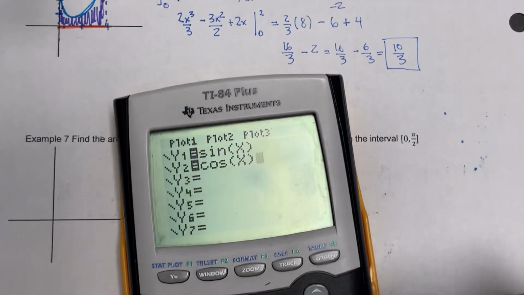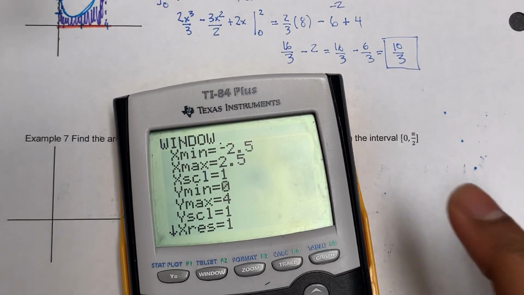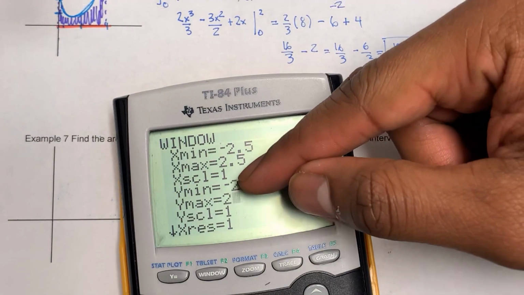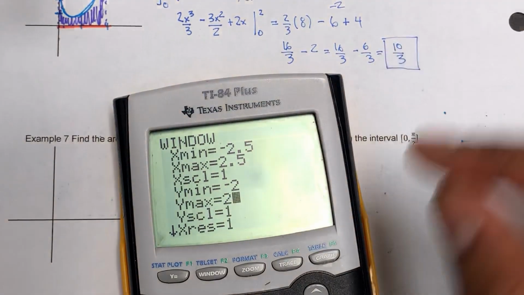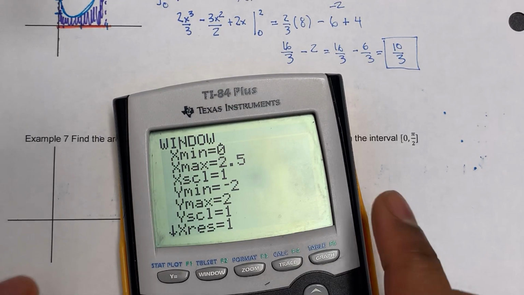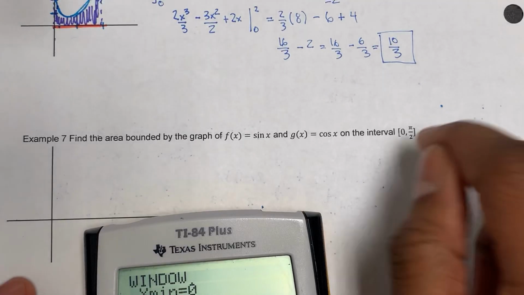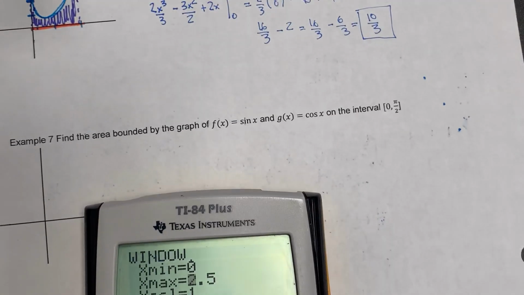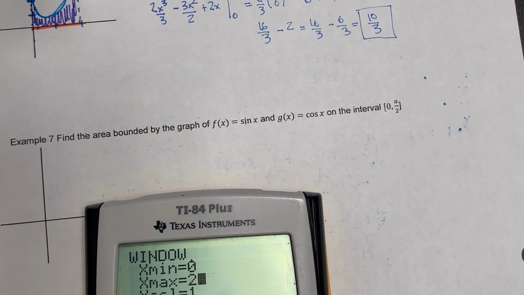Now we know sine and cosine only go as high as -1 and +1. We're going to make our y's go from -2 to +2, and we'll do our x's from 0 to pi over 2, which is roughly 1.57, so we'll say to just 2 and graph this.